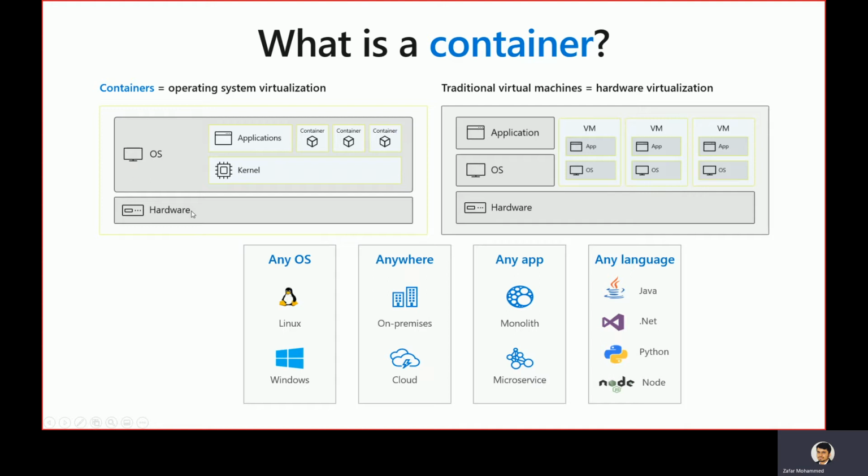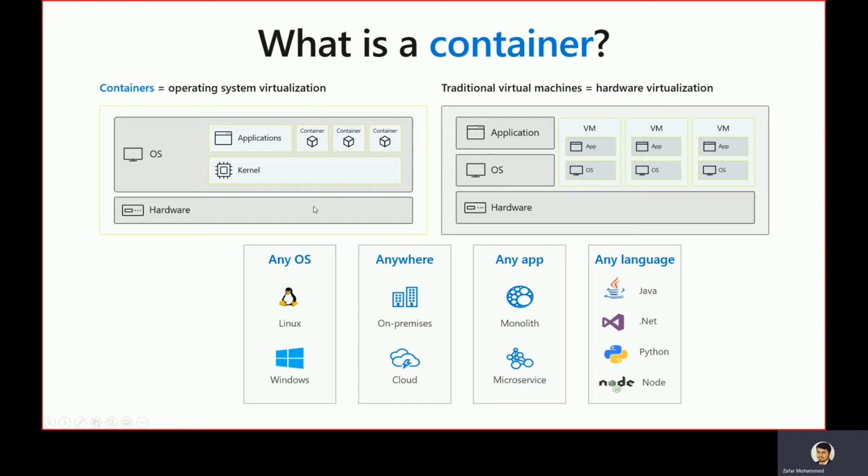A physical server running three virtual machines would have a hypervisor and three separate operating systems running on top of it. By contrast, a server running three containerized applications with Docker engine, an open source container runtime that we'll talk about in a couple of slides, runs a single operating system right here on the left side of the slide.